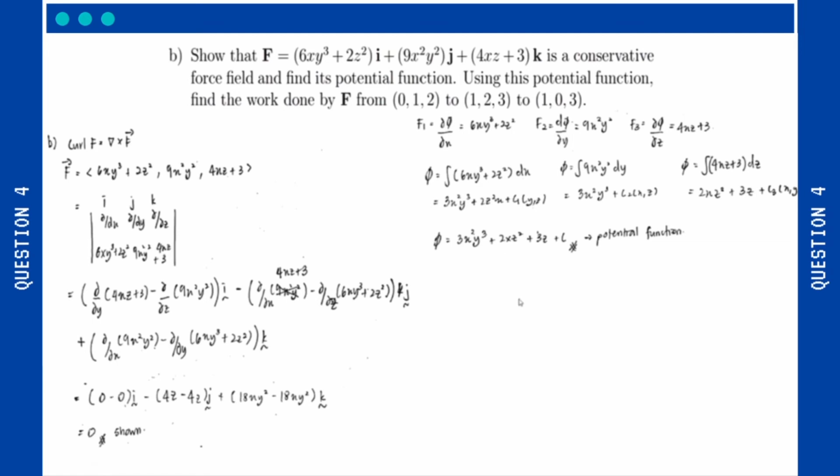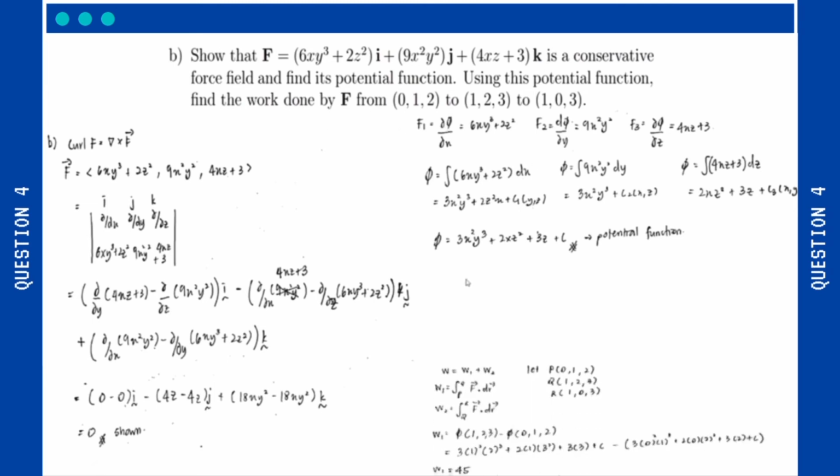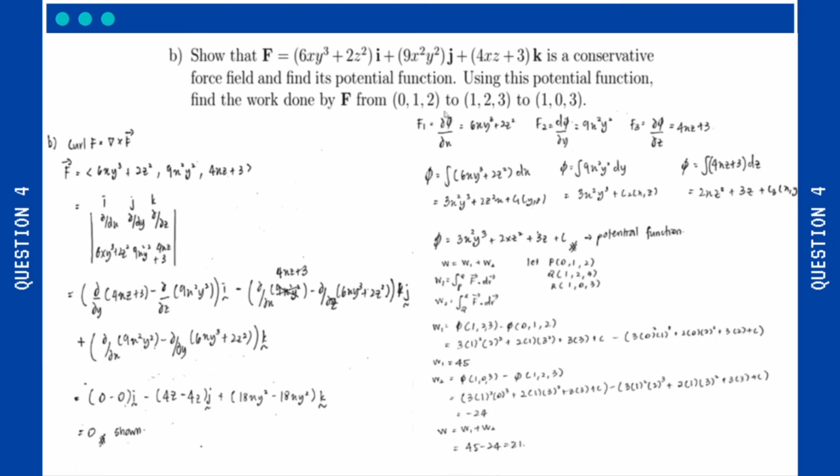So the next question is, using the potential function, find the work done by F at these 3 points. Since the question gives us 3 points, we need to divide W, which is equal to W1 plus W2.